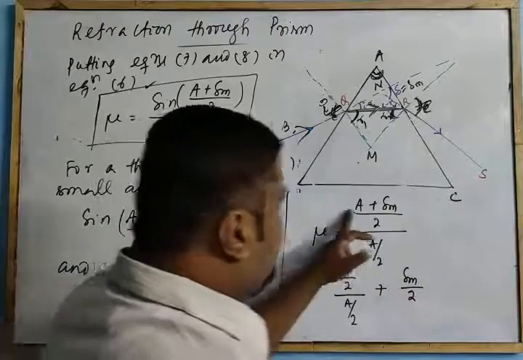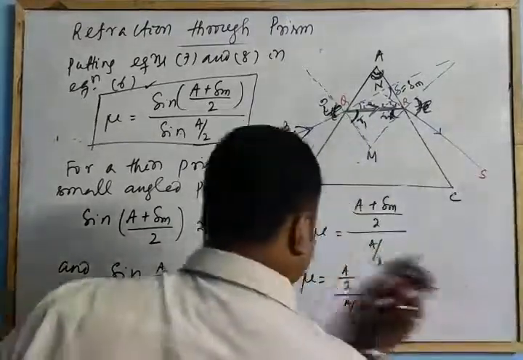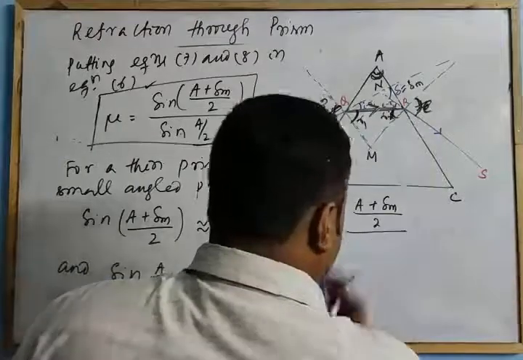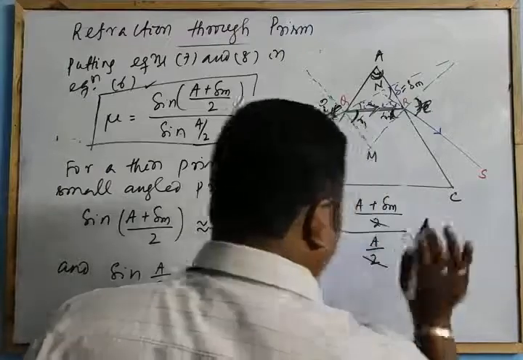Here A by 2 plus delta m by, okay, let me write like this, then it is more clear. This is A by 2. So now I cancel this 2.